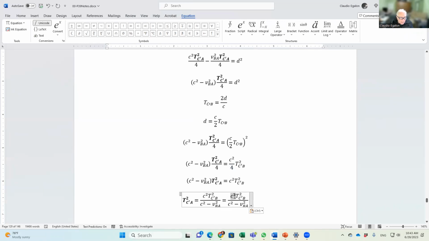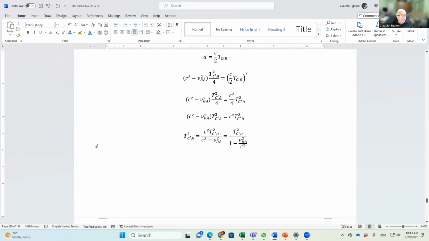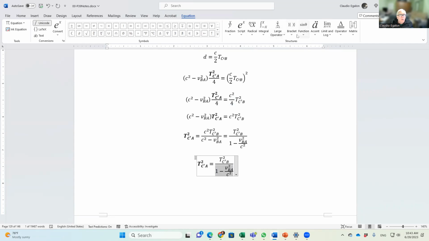I'm going to divide the C square by this C square and divide the B square by C square. That becomes 1, right? And finally, we get our final result. That's the square root right in here. And I no longer have this square.